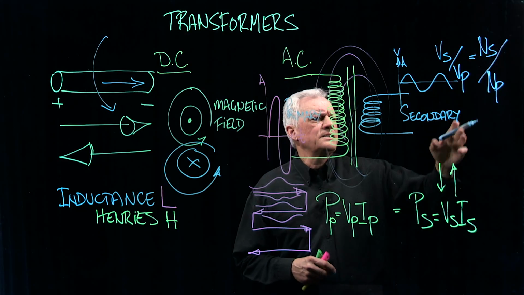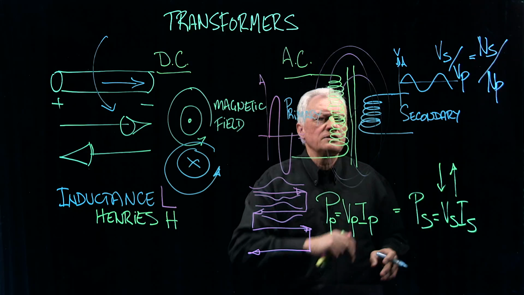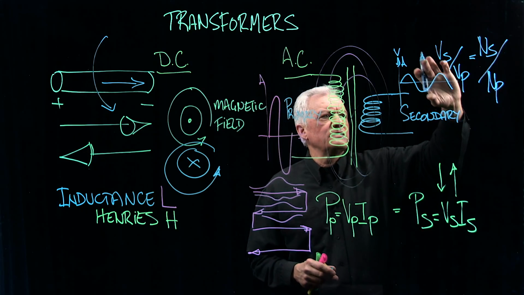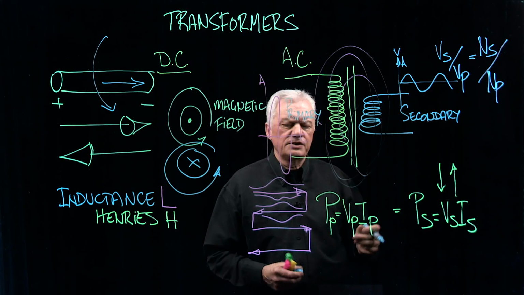So in this case here, this is a, let's say, a 2-to-1 step-down transformer. You can calculate how much you'll step down by measuring the voltage in the secondary, dividing by the voltage in the primary, and it's the same as the turns ratio.